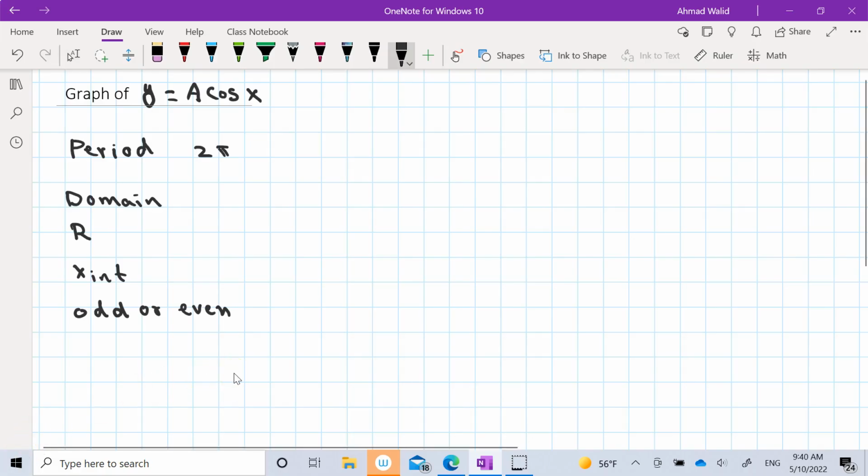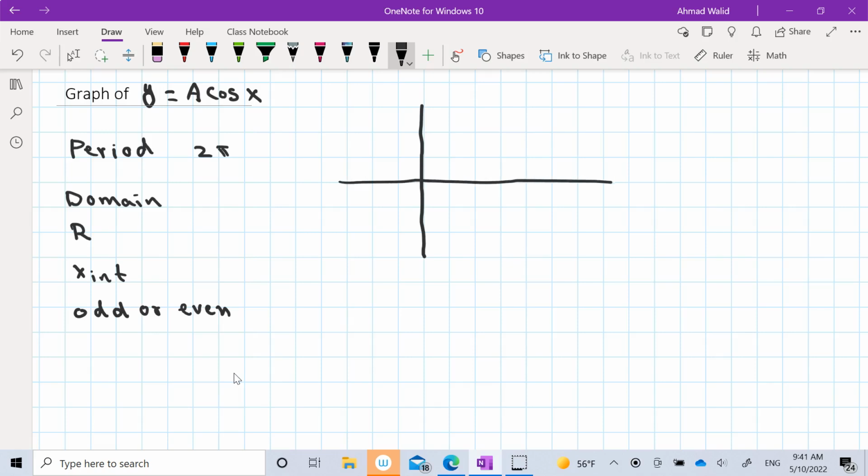Let's start with the graph of y equals a cosine x, the standard graph. I will draw the x and y axes here for you. This is your x, this is your y. The period for the cosine is 2 pi.